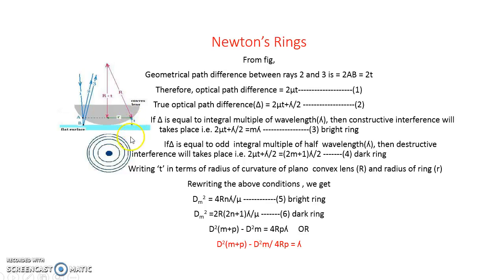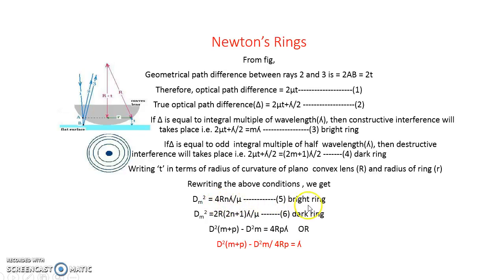At point T, there can be any ring, maybe first, second, third, fourth, fifth, sixth, seventh, etc. So we'll consider here the nth dark or bright ring. By replacing t in terms of capital R and small r, one can rewrite the above conditions and, simplifying, d_n square equals 4 R n lambda divided by mu.